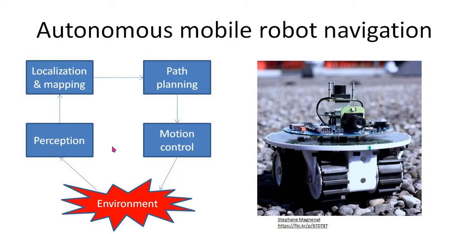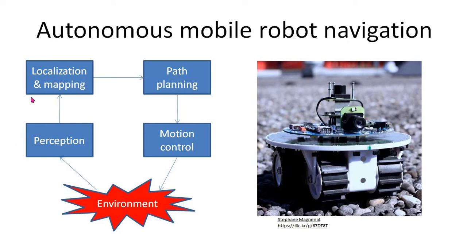So typically what they do is get information from the environment using sensors, and this is called perception. Perception means to extract useful information from the data from the sensors.